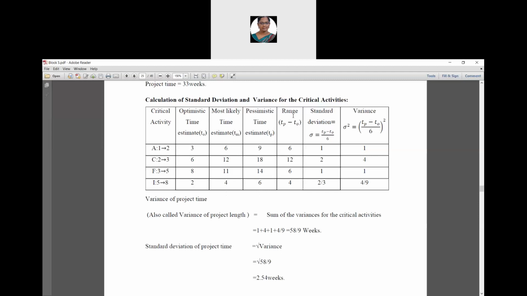So the range is calculated by using the formula, the difference between TP and T naught. So 9 minus 3 is 6.